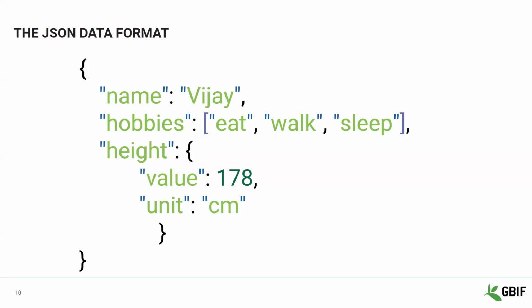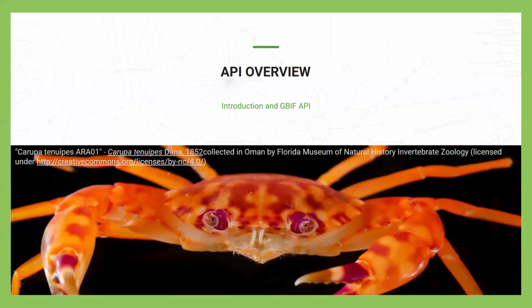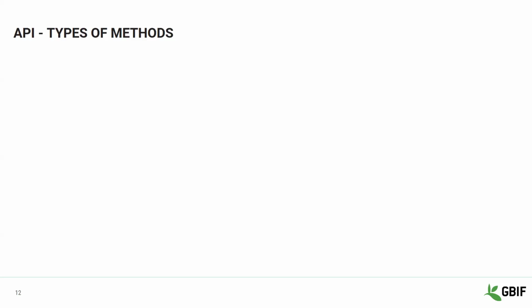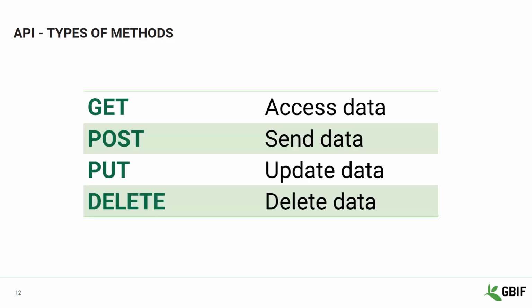So now that we have understood JSON, let's go to understanding a little more about the GBIF API. There are different types of API requests. Get is to access the data. Post is to send the data. Put is to update the data, and delete is to delete the data.